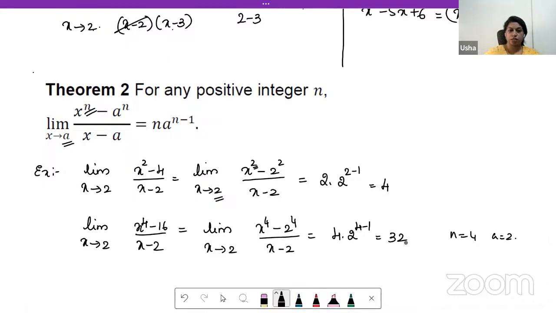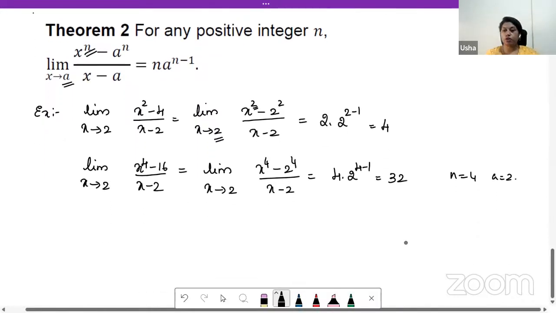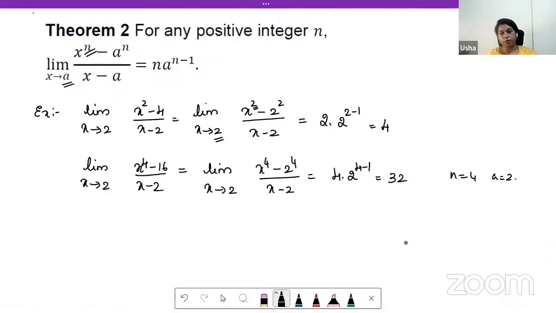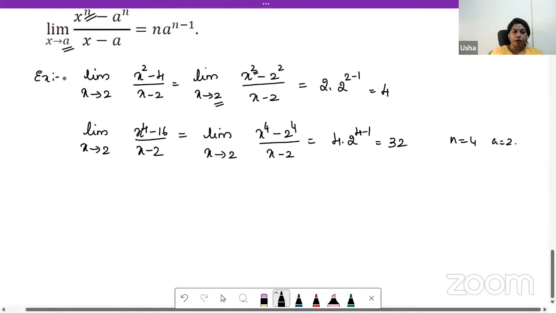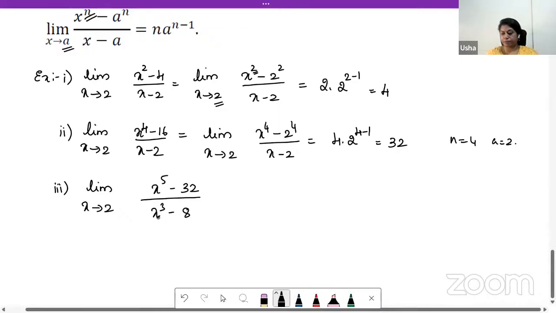How to apply this? Sometimes you will have this x square term or the power term itself in both numerator and denominator. That's our third example. Suppose you have a problem like this. Limit x tends to 2, x power 5 minus 32 divided by x cube minus 8.